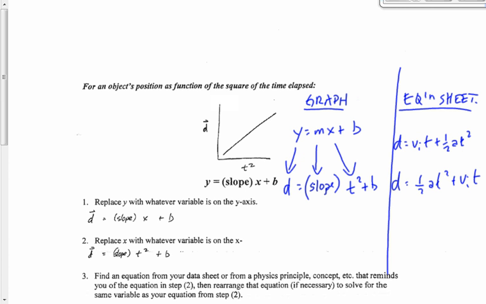Okay, now what's next? Cross off things that appear in both. D appears in both. T squared appears in both. All right, the slope is equal to 1/2 a. Oh, y-intercept, b, what's that? The y-intercept is equal to VIT.